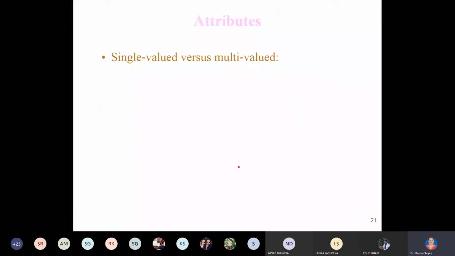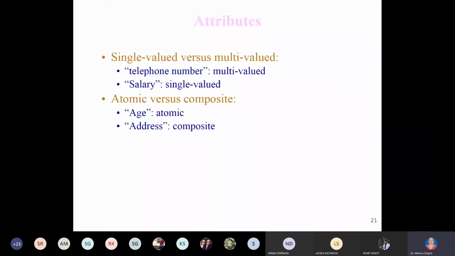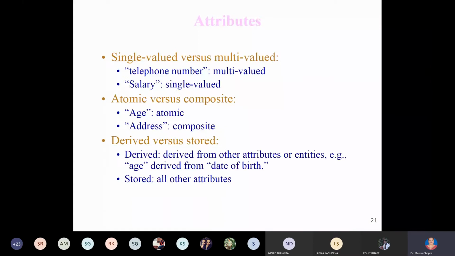I have discussed a few things about single value. Your telephone number can be multi-valued, your salary can be single valued. This attribute salary has only one value, but your telephone number can be of multiple values. Similarly, atomic versus composite.